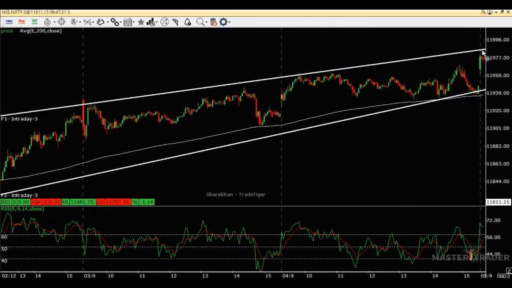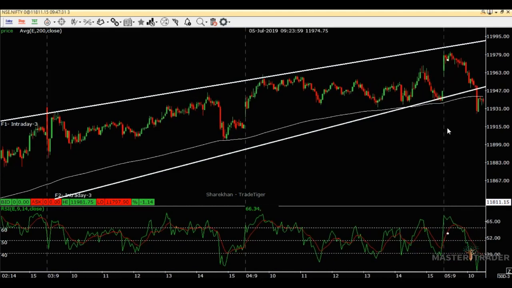So when you combine both of the things, guys, you can get fantastic trades. So this was a clear sell at these levels, near this trend line and near 12,000. We're just 10 points away from 12,000, or 15 points.